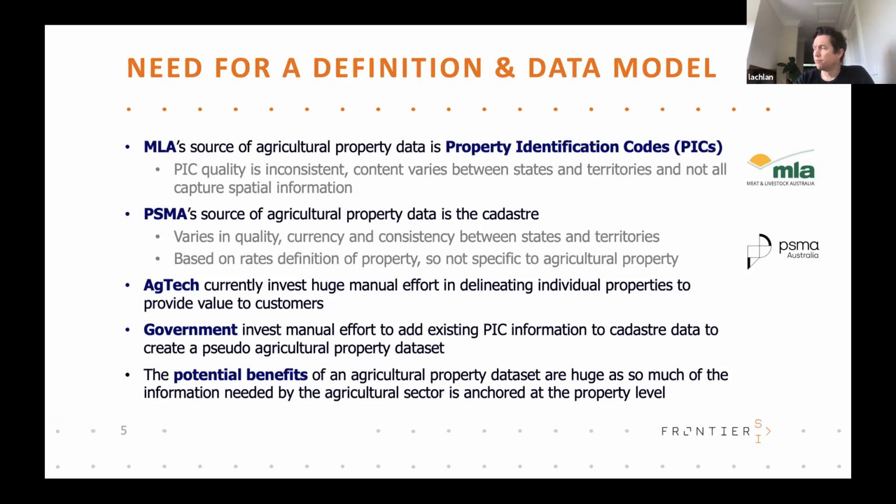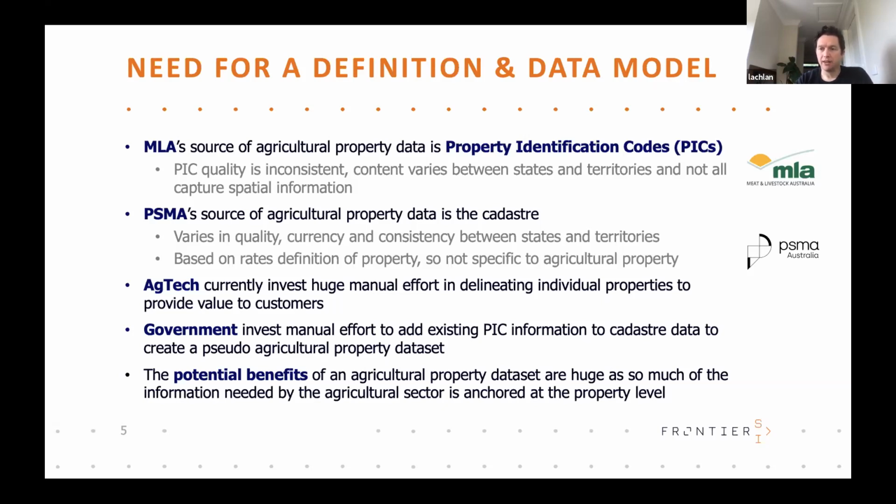But speaking to them, they had to do a lot of grunt work to start to pull together some property-based data sets. So if you were to say to a group like that, here's a nationally consistent definition of agricultural properties across Australia, that is something they would love to hear, simply because it takes away all the effort associated with trying to pull that data together for their own purposes. And the same goes for government as well.